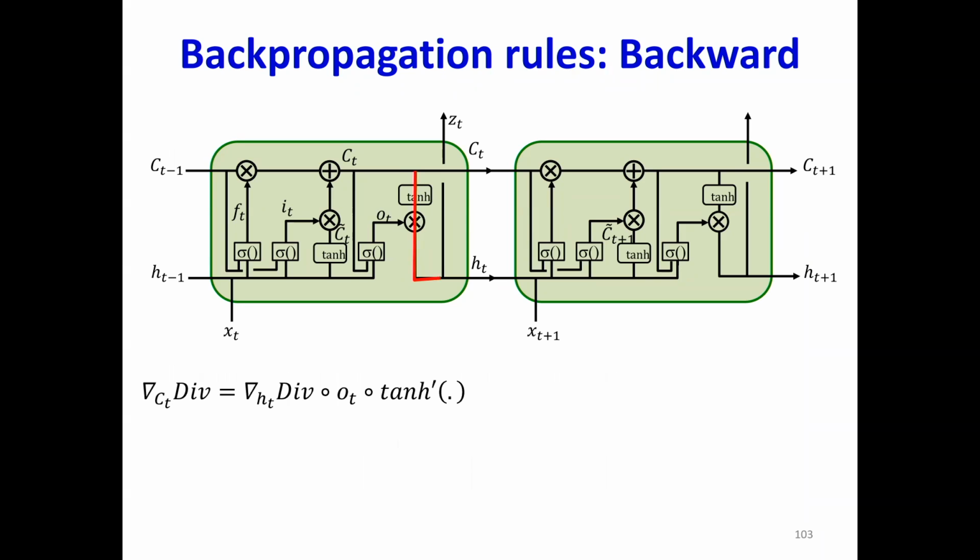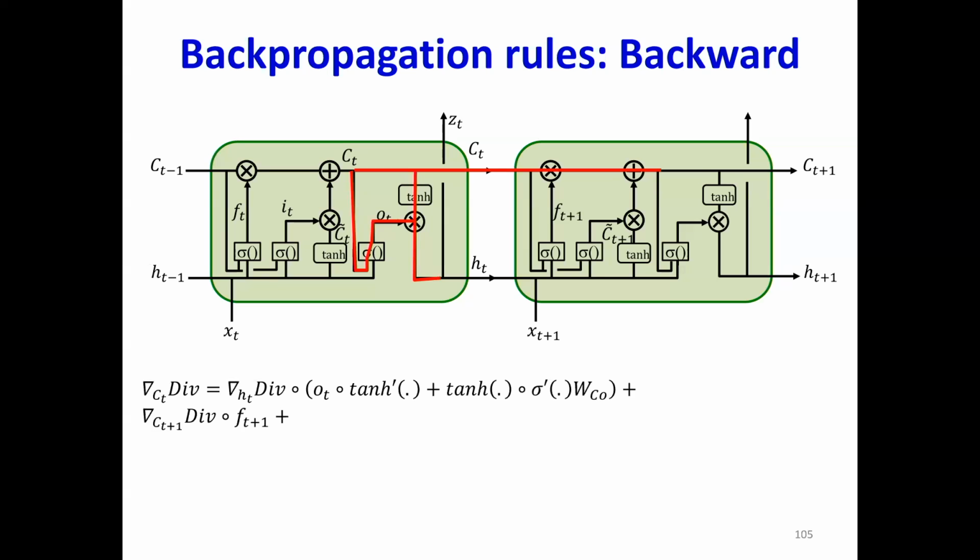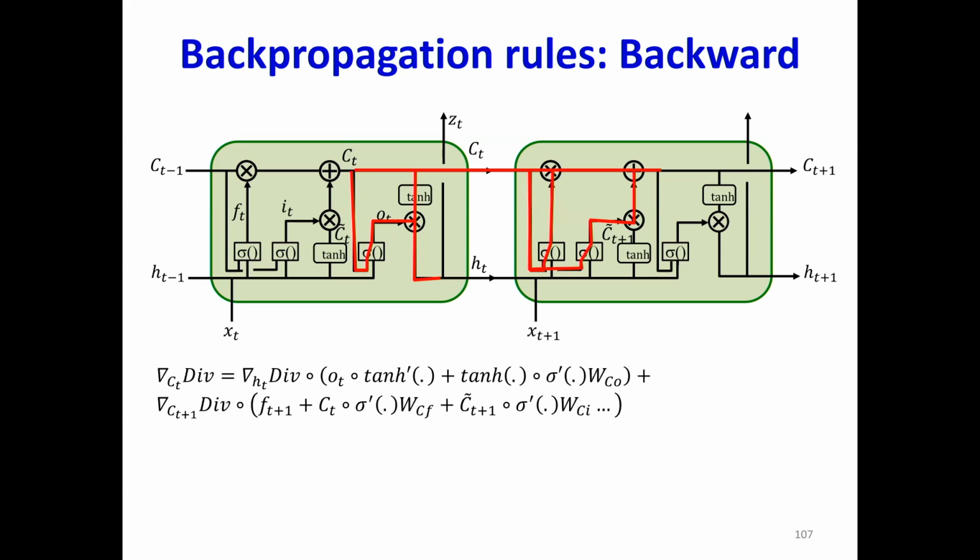Here's one path. It comes from HT, right? Then here's another path. It comes through the second line. Then here's a third path. It comes through this third line. Then here's a fourth path that comes through this fourth line. And was there more? You get the idea, right?